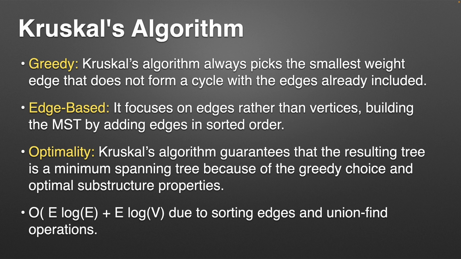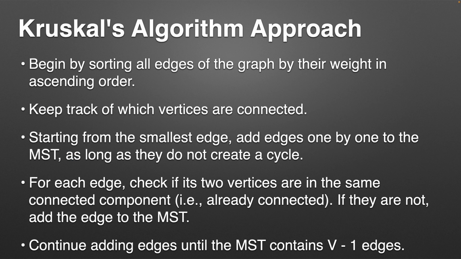You can see that E and V are both terms in that runtime. So if you have a bunch of vertices and very few edges, or a bunch of edges and very few vertices, that changes the balance of things, which we've seen is the case for most things with graphs. So what we're going to do is look at these edges directly. The reason this greedy approach works is the same reason the other greedy approach works: we never add anything unnecessary.